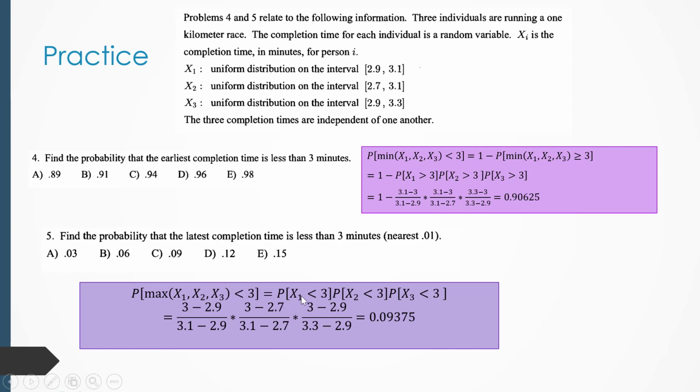So probability X1 less than 3 times probability X2 less than 3 times probability X3 less than 3, and use the uniform distribution. So the answer is 0.09375, and we round to 2 decimal places, so the answer is 0.09. So that is the last problem today.